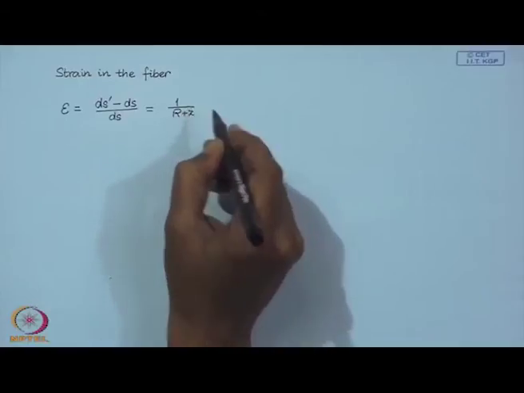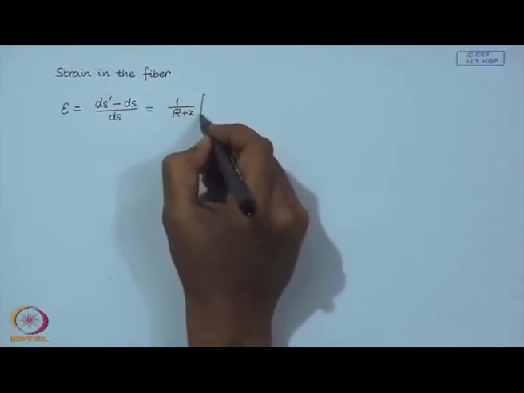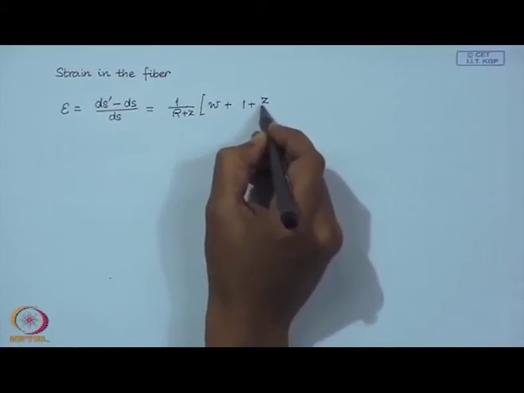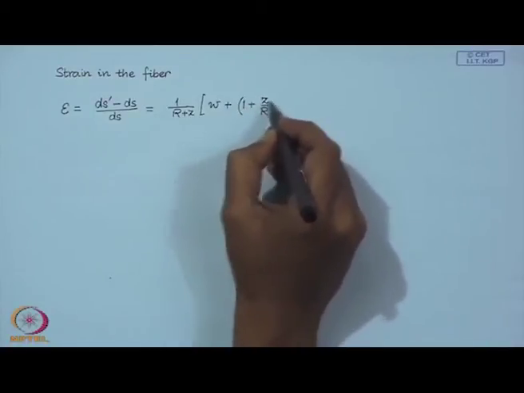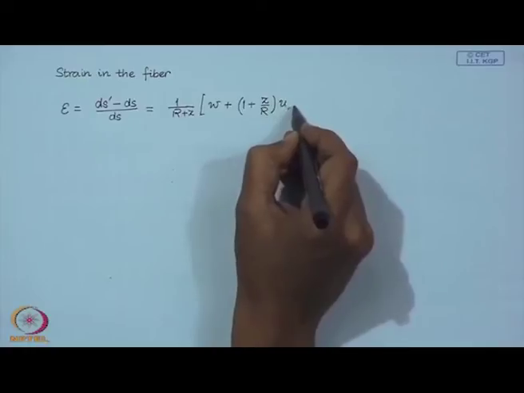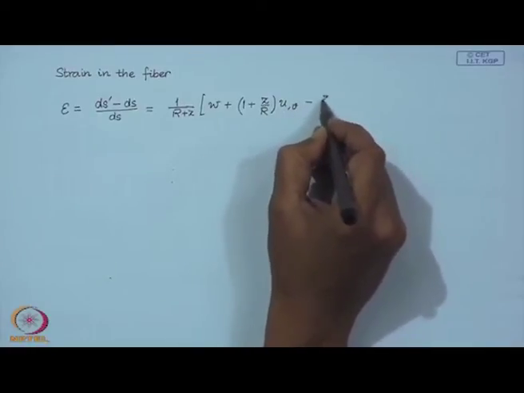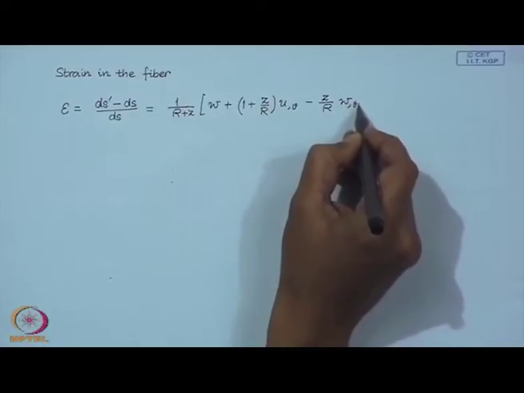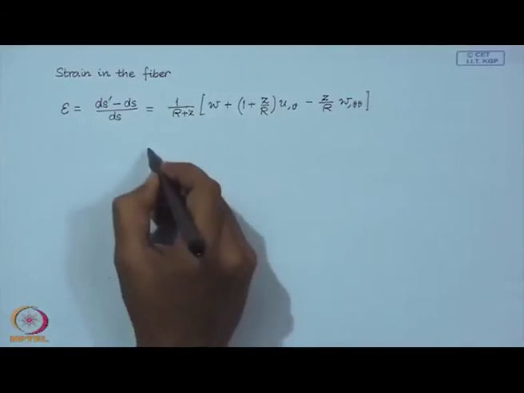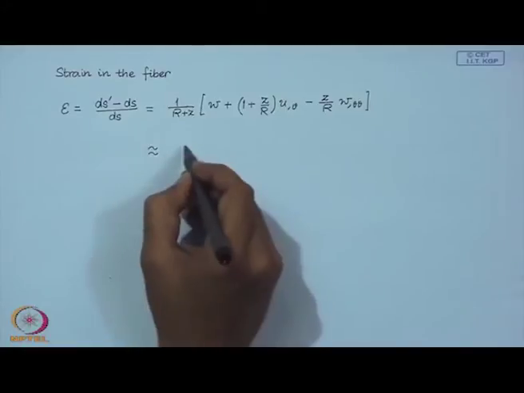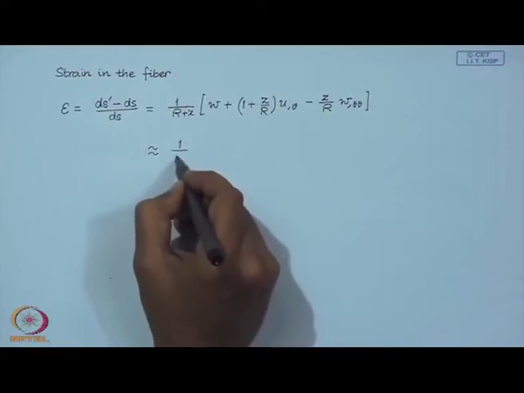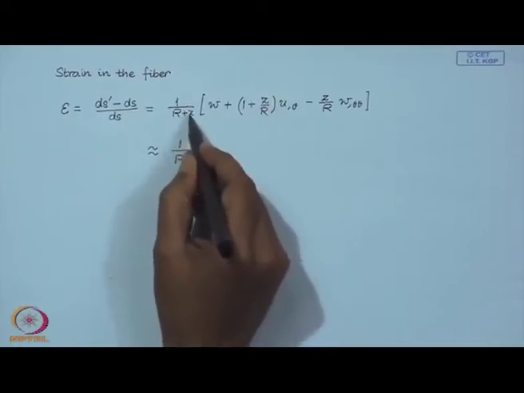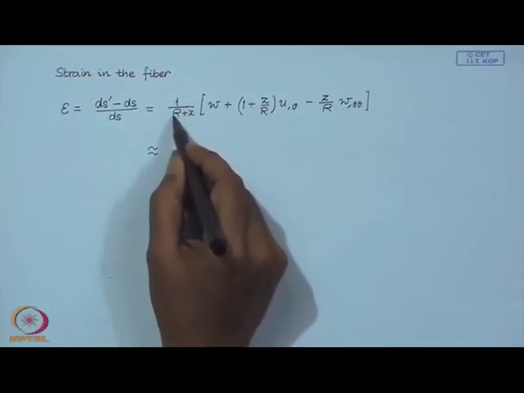If you do this calculation, it turns out to be, and which can be approximated by considering that z over r is much smaller than 1.